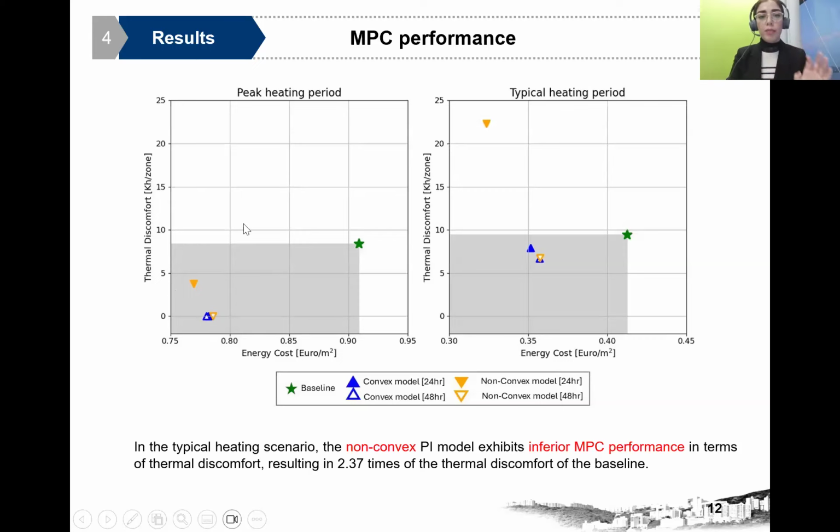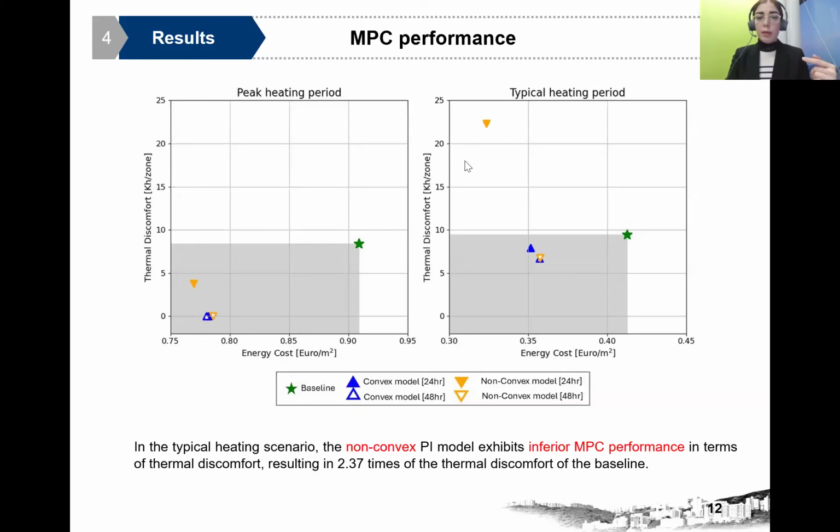It's a guarantee to have better performance than baseline. But the non-convex model, since the solutions are not essentially global optimal, if we have a short horizon optimization, we may reach solutions that don't make MPC work better than the baseline.